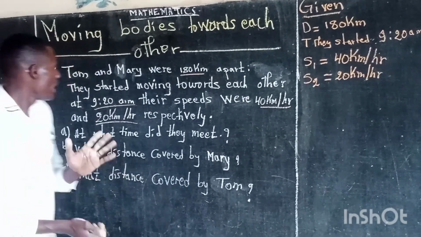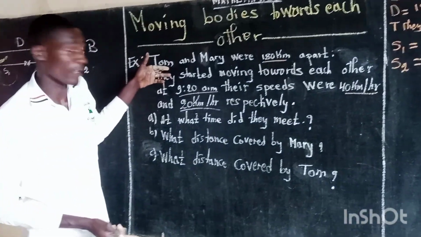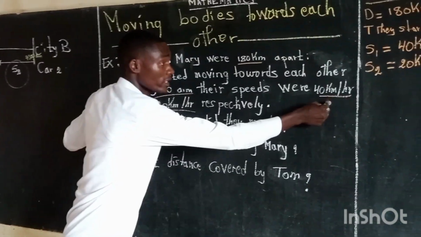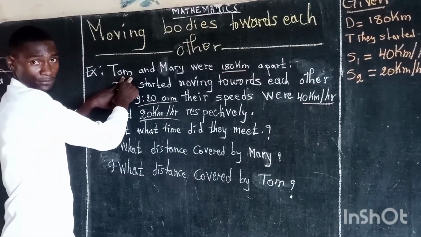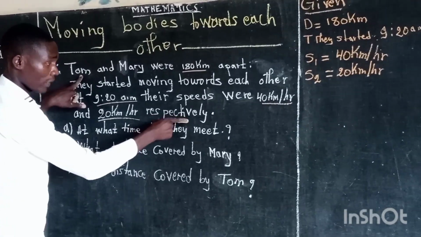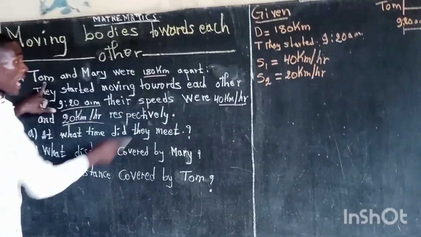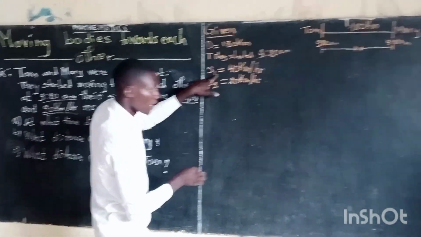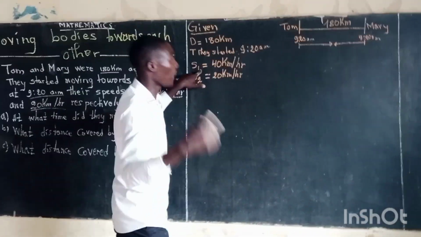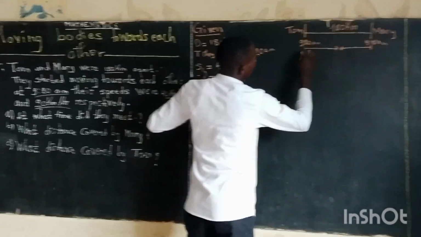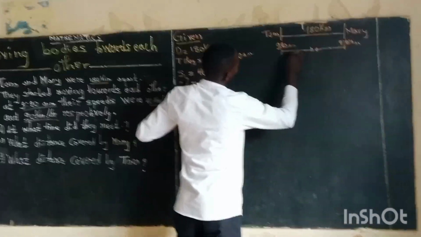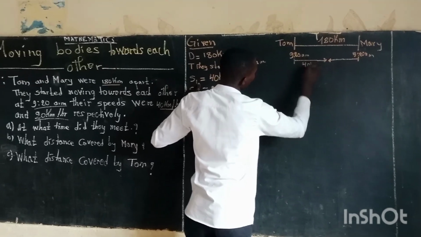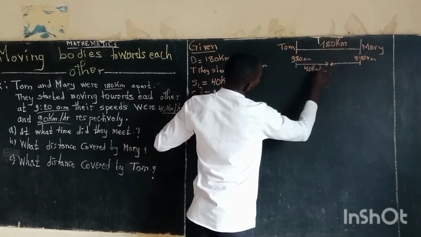If they say respectively, it means that you write the speeds accordingly. If we have Tom first, the first speed is for the first person because of this word respectively. It should be written here as the first speed, right? 40 kilometers per hour.